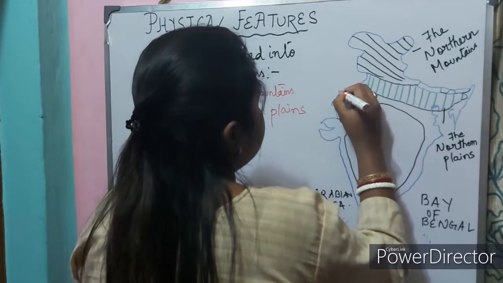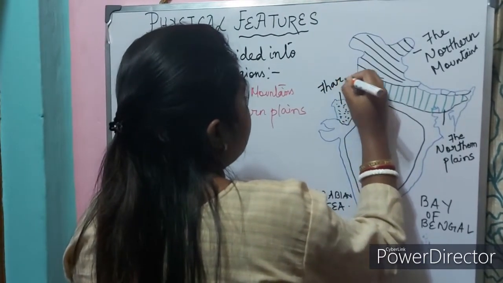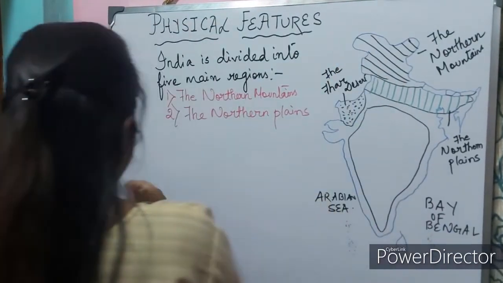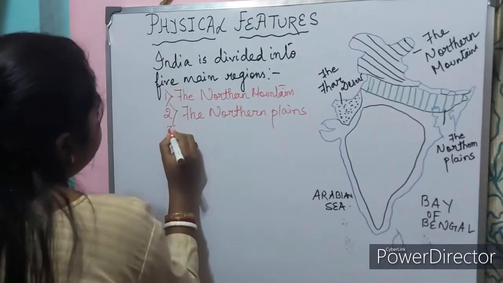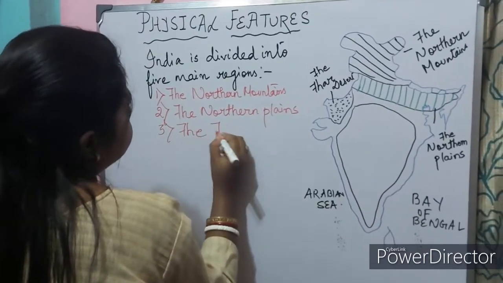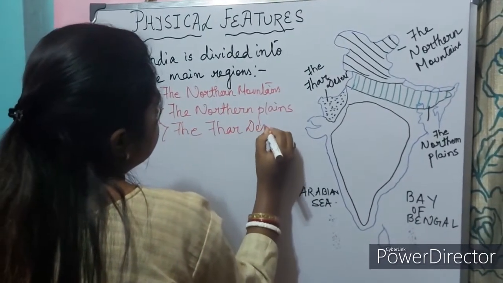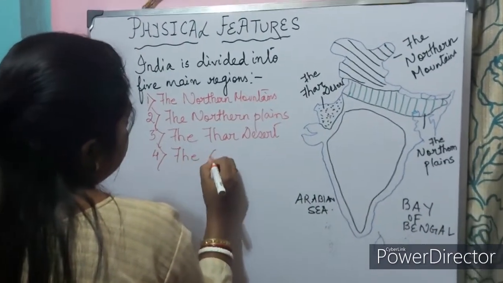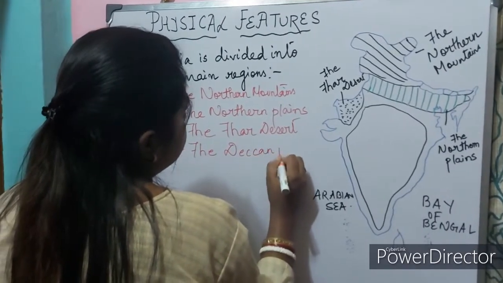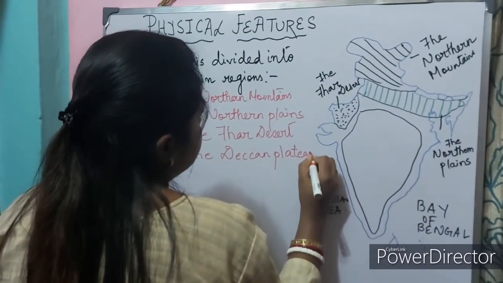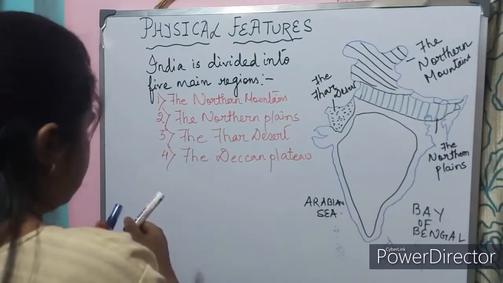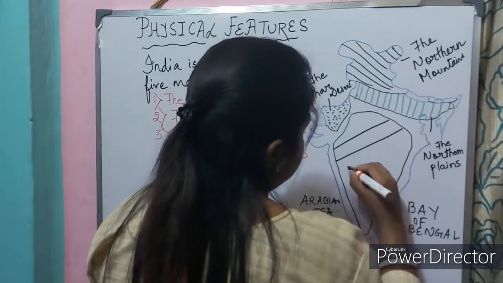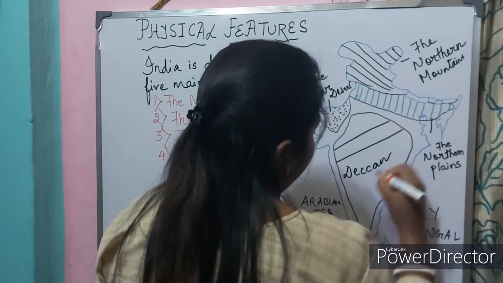These are my deserts, the Thar desert. So, number 3, the Thar desert. Number 4, the Deccan Plateau. This portion is the Deccan Plateau.